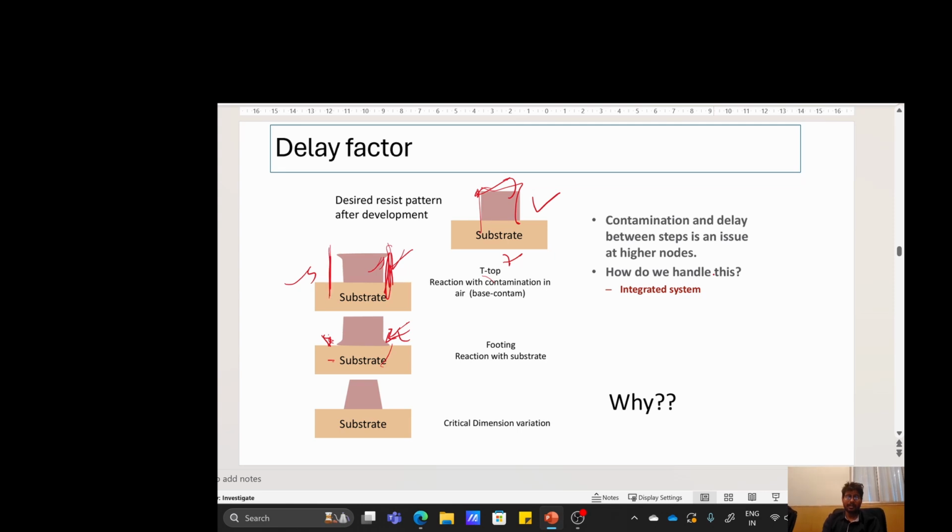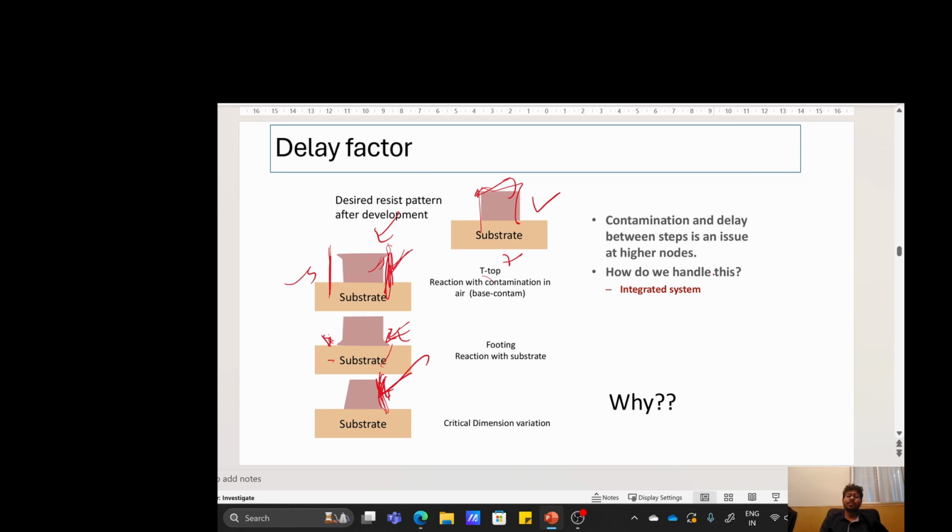Both of these are not desirable. In this one you will get a wedge kind of thing, so when you do the gold deposition, this gold will get deposited on this side as well.